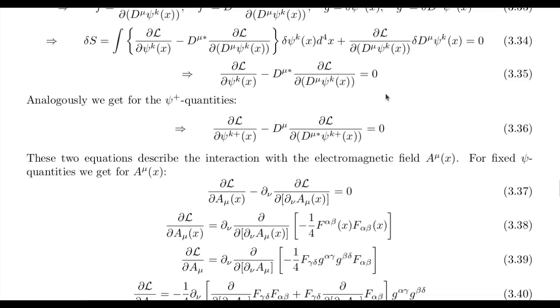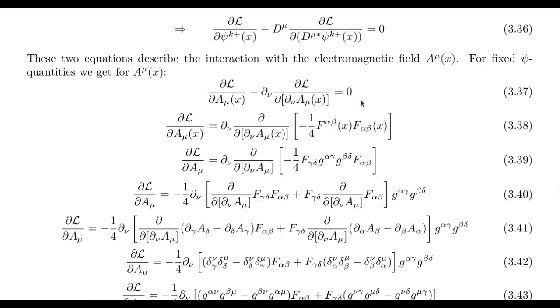And these two equations describe the interaction with the electromagnetic field, which we find here in the covariant derivative. And then for fixed psi quantities, we have for the Euler-Lagrange equations for the gauge field, this.